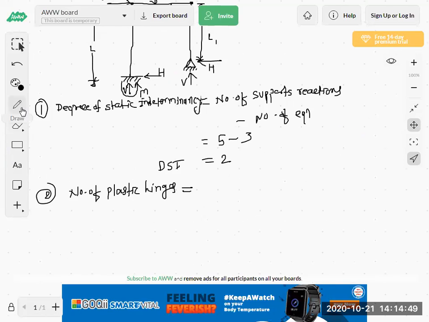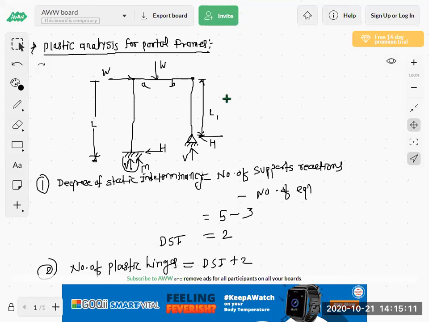So the number of plastic hinges is DSI plus 2. DSI is the degree of static indeterminacy. That is DSI plus 2, what? As I told you, 2 is nothing but these 2 joints, at least these 2 form. If DSI is 0, then 2 plastic hinges must form.